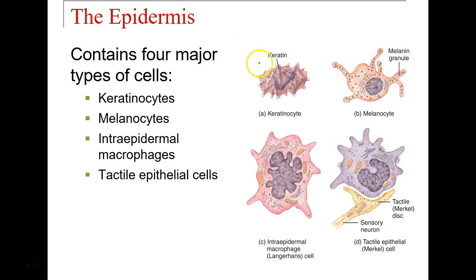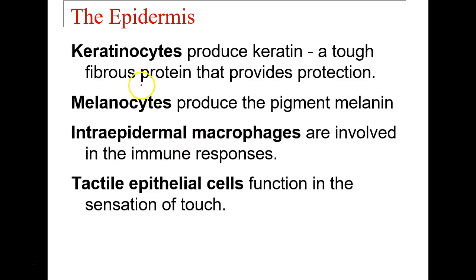In the epidermis, that top layer of the integumentary system, we have some specialty cells, if you will: keratinocytes, melanocytes, intraepidermal macrophages, and tactile epithelial cells. We'll take a look at those. Keratinocytes produce keratin, the tough substance that creates the protection we need.